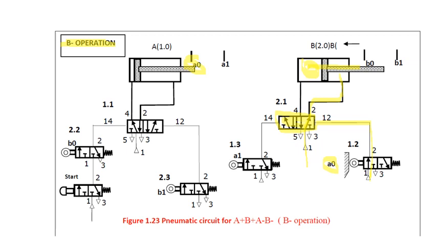When the B naught operation is successful, it will generate the B naught signal. That B naught signal will be the input for cylinder A to do the next cycle if the start button is in the pressed condition. But if the start button is off, B naught will generate the signal to make the system ready for the next cycle.